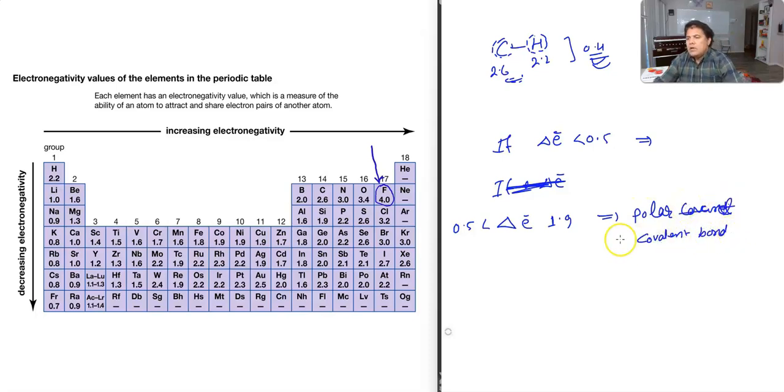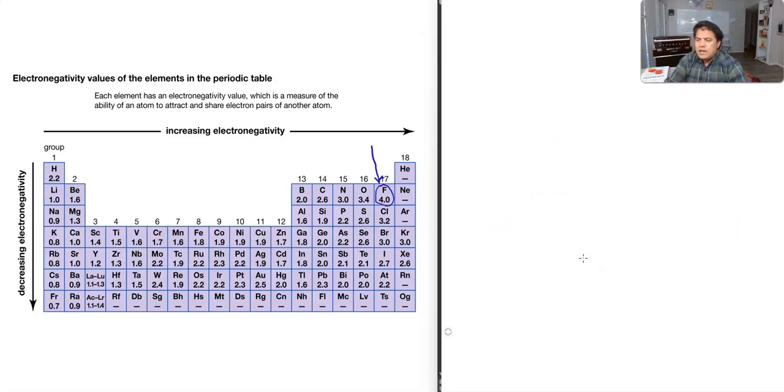bond. Okay, so now let's repeat that again. If the electronegativity difference is less than 0.5, it is a non-polar covalent bond.